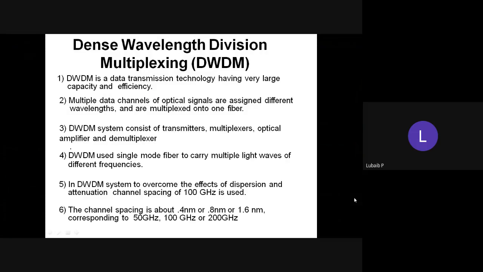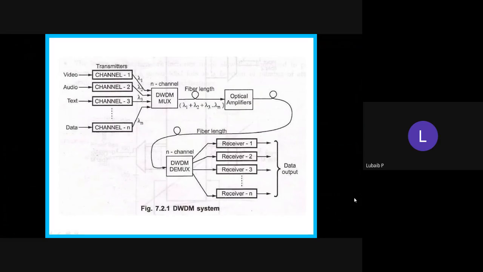You can see a DWDM system, a dense wavelength division multiplexing system, in the diagram. There are different channels, with transmitters carrying different signals: video, audio, text, data. These are different types of signals, and they have different wavelengths: lambda one, lambda two, lambda three, and so on.